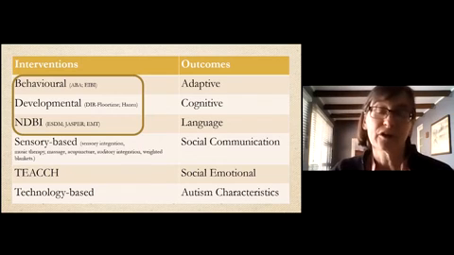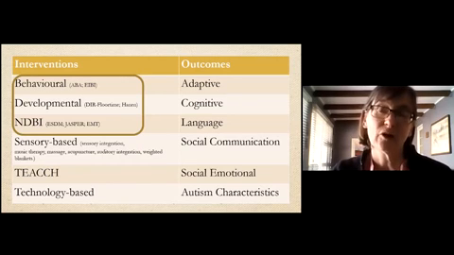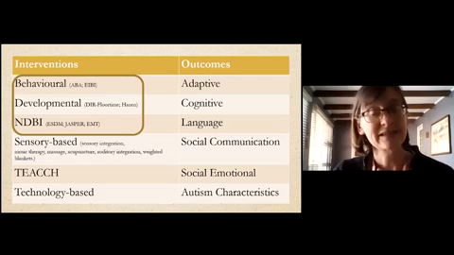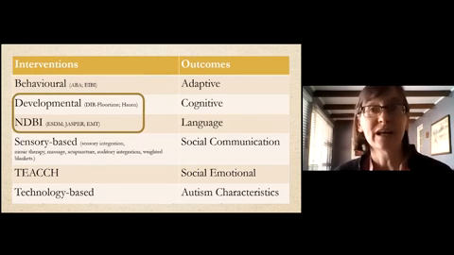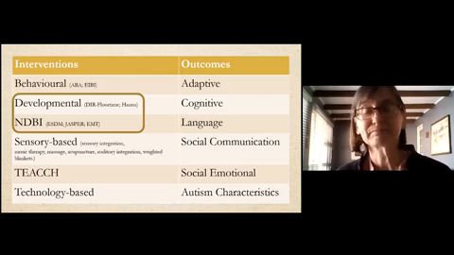But if we consider only RCTs and studies that include measures that are not parent report, so they're considering parent report as being quite a biased outcome measure, then really only the developmental and the NDBI categories of interventions have a promising evidence base.